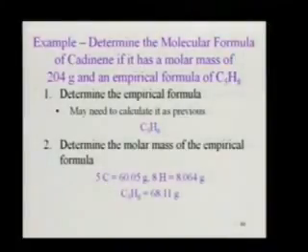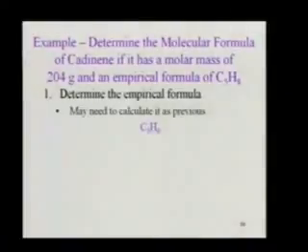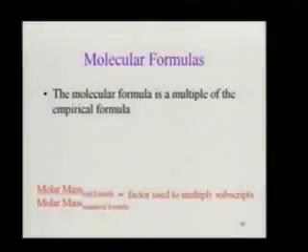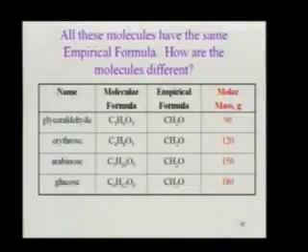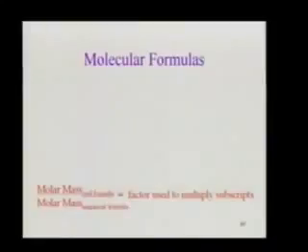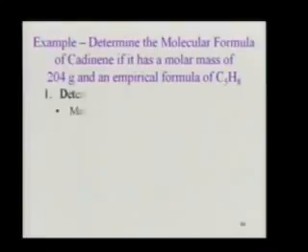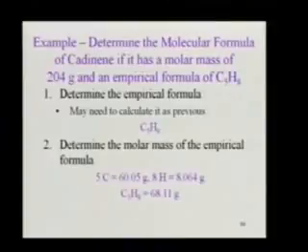Like back in this case right here, you look at this slide, what we're trying to figure out is this. We go from 90 to 120, 120 to 150, 150 to 180. It's a value of 30 every time. What you're trying to figure out is that value. What is the actual mass of the empirical formula that we're dealing with here? So that's this. There's 5 C's, there's 8 H's, add them together, you get 68.11.